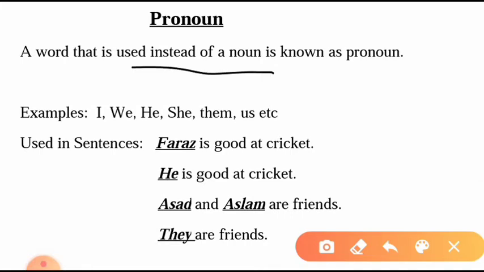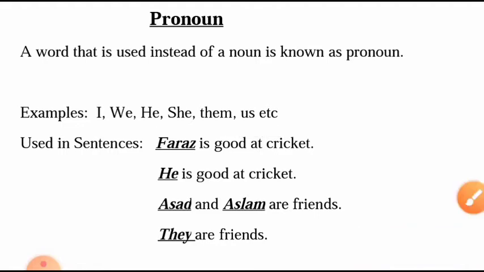This is the word that you are going to use instead of the noun, what you call pronoun. You can see the examples of the pronoun: I, we, he, she, them, us. These are all the words that you use instead of the noun, what you call pronoun. So let's see the examples in the sentence to make it clear.